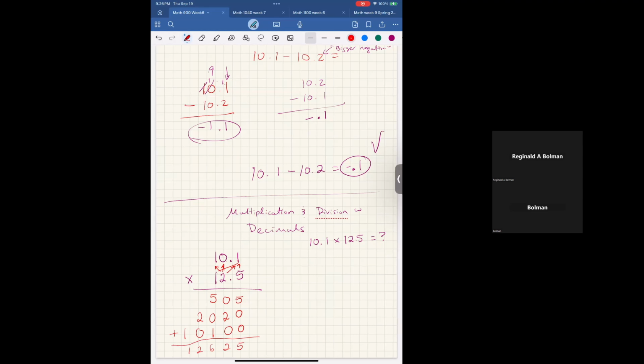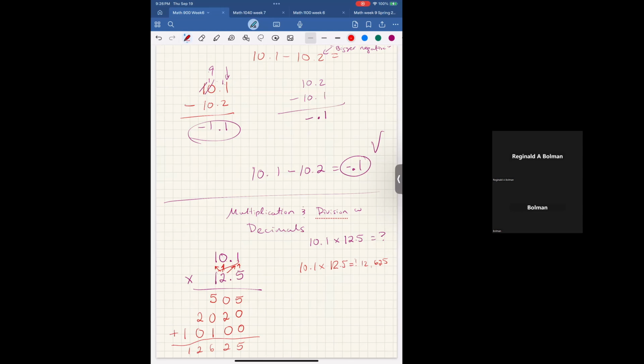Now, it's absolutely ridiculous. I hope all students would agree that if you multiply 10 and a minute with 12 and some change, it's such a ridiculous notion to assume that you get 12,625. And so the question that students have is, well, what do I do now? How do I make this answer look less ridiculous?